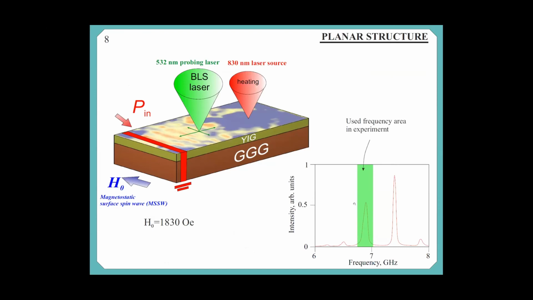For this purpose, an optical modulator was installed in the system, operated in the frequency range 6.8 to 7 GHz.